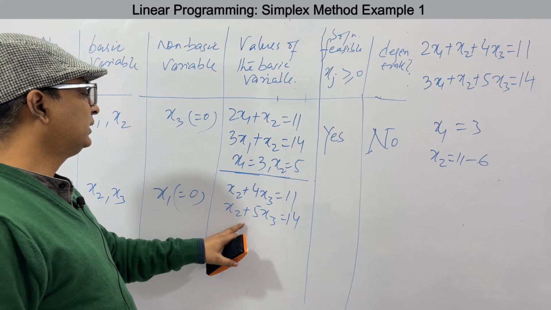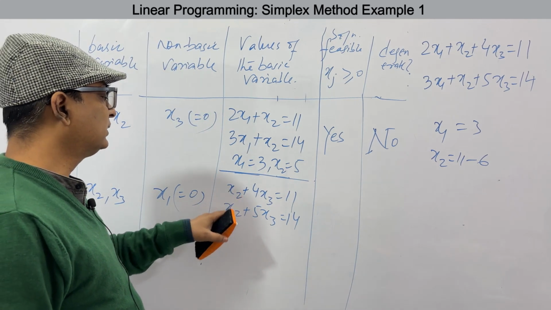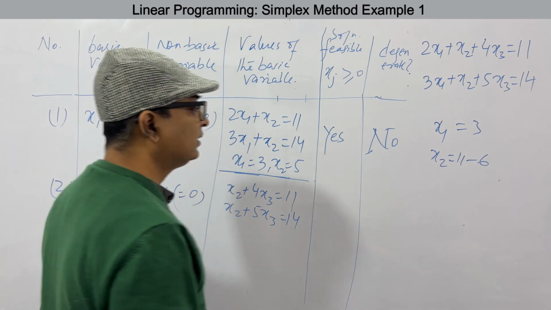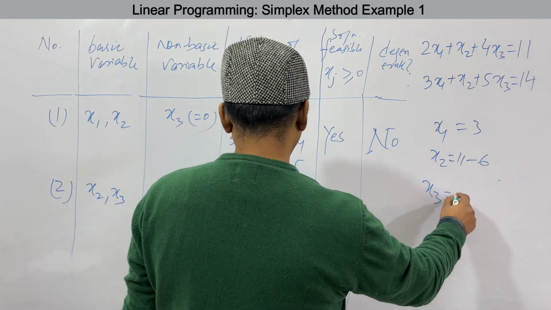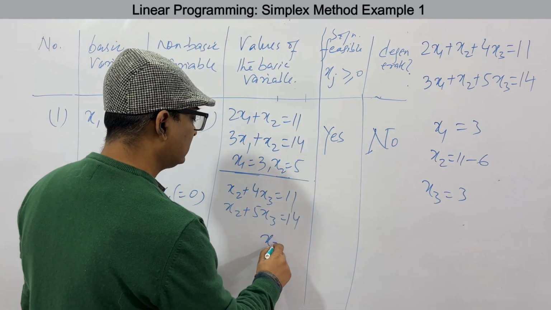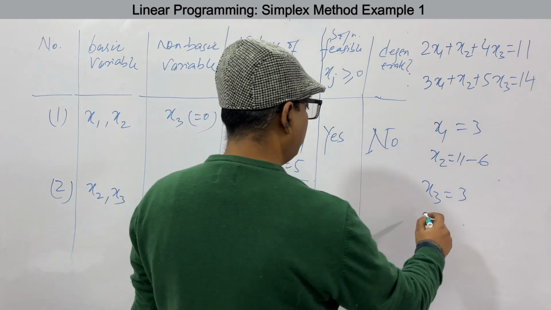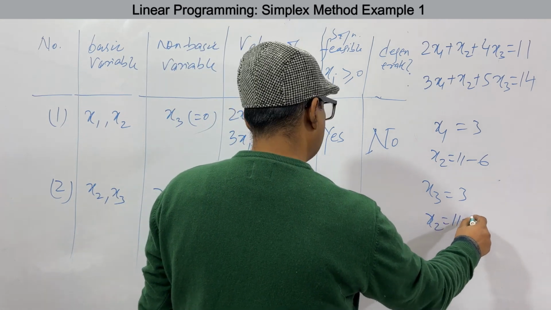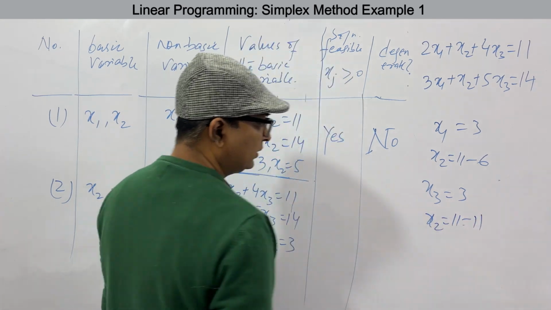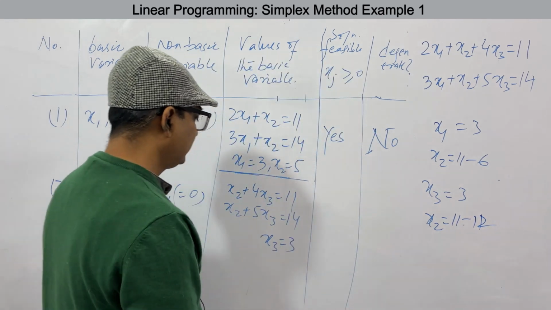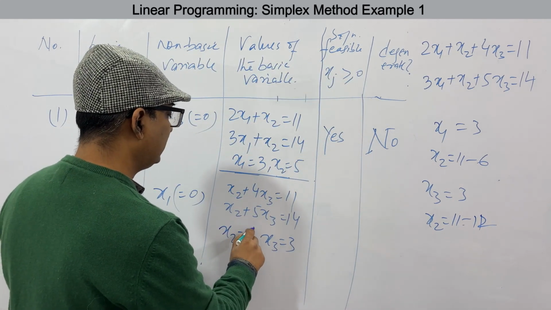What will be the value? See, this minus this cancels x2. This is x3, so 14 minus 11, 3. So we have x3 equal to 3. And what will be x2? x2 will be 11 minus 4 into this, that is 12. 4 times 3 is 12. So x2 is minus 1.